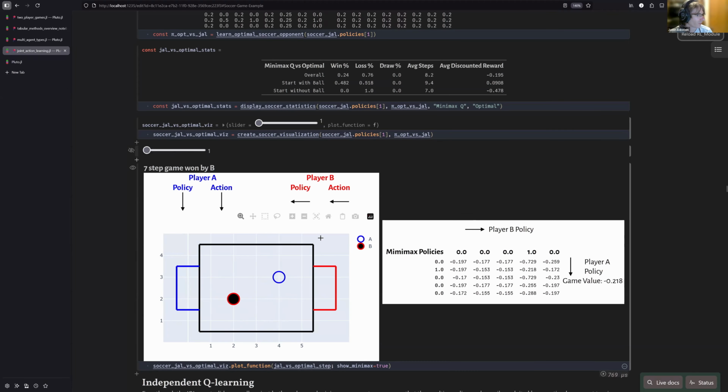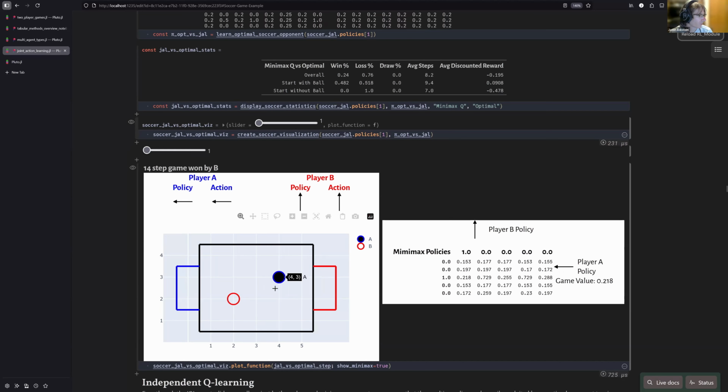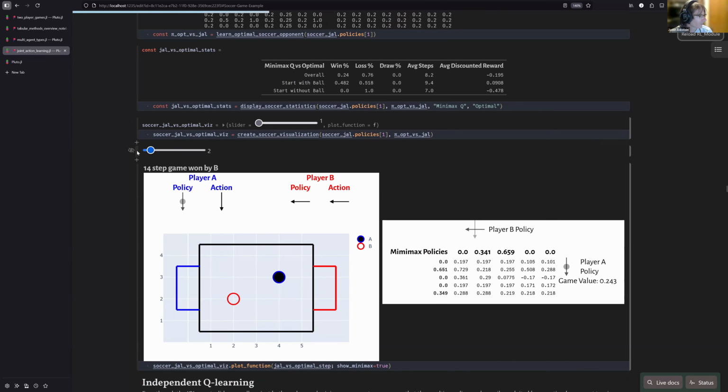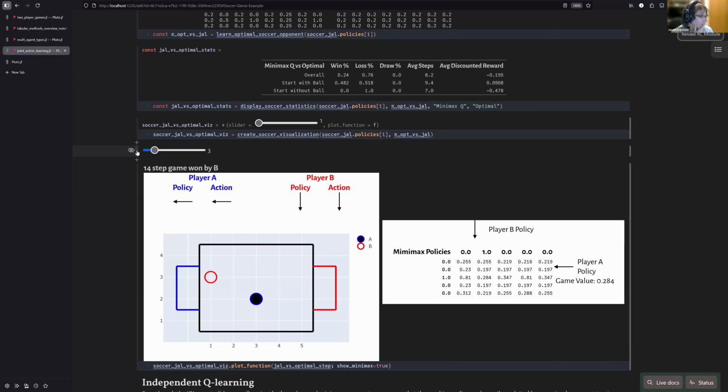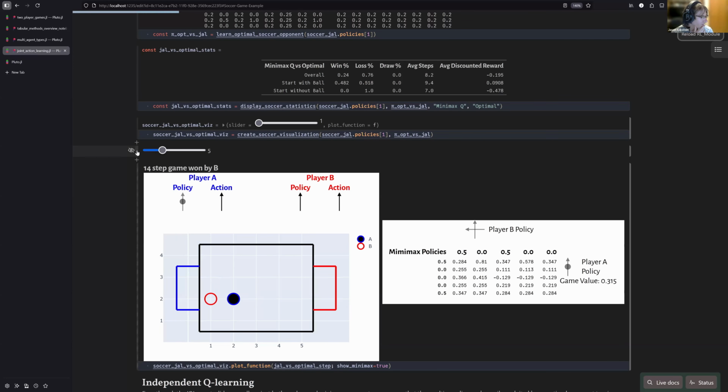And we can see also, let's see, if A starts with the ball instead, let me try to make a new episode. So here's a case of A starting with the ball. And again, B wins this game. I'm not sure how, but let's see. So what is B doing? I think B here probably just doesn't do anything special.